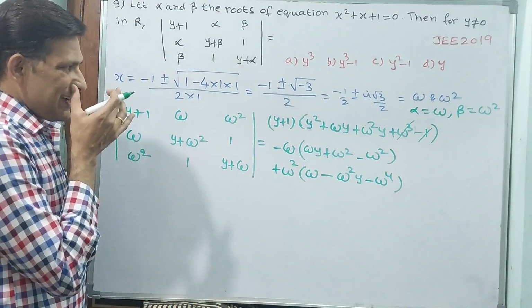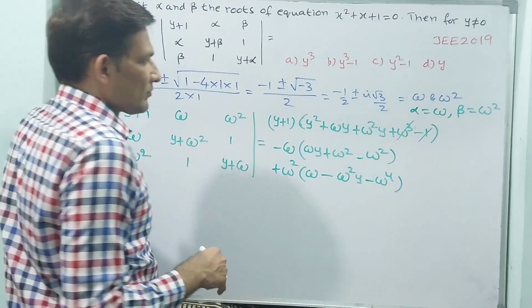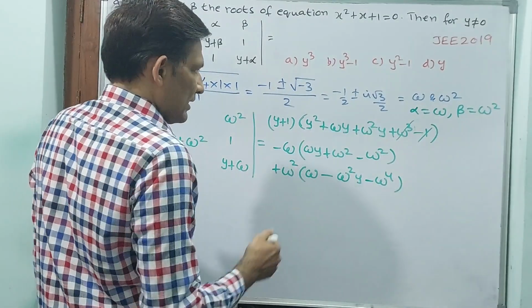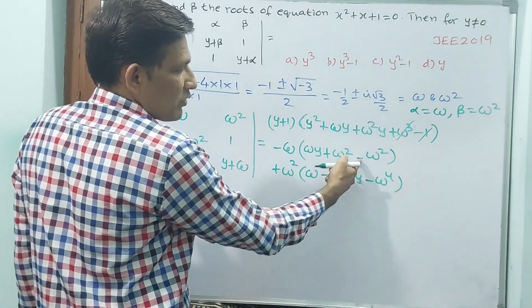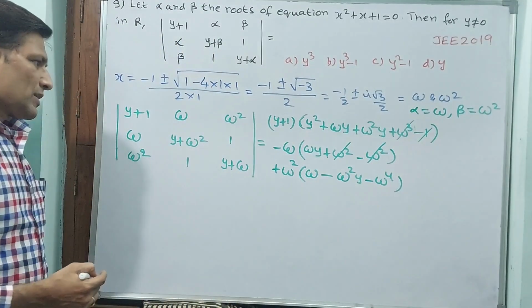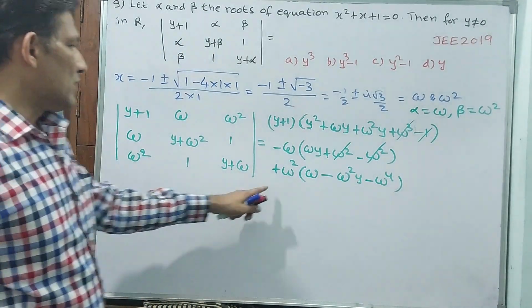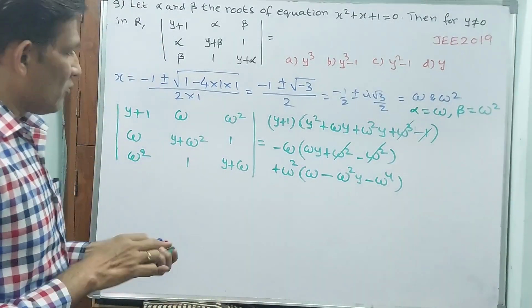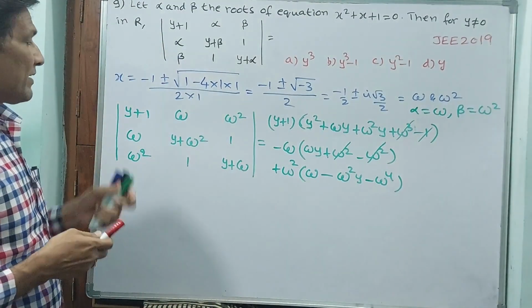Let it be. Here, plus omega square minus omega square, here also you cancel out directly. And here you have to expand, then only cancellations are going to occur.